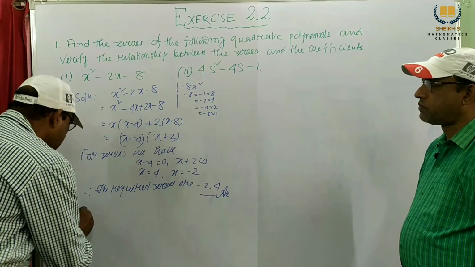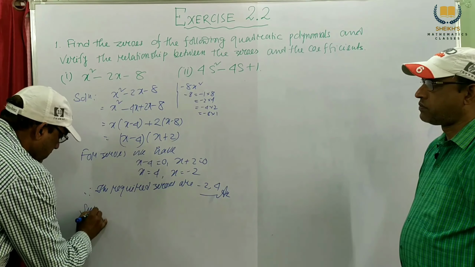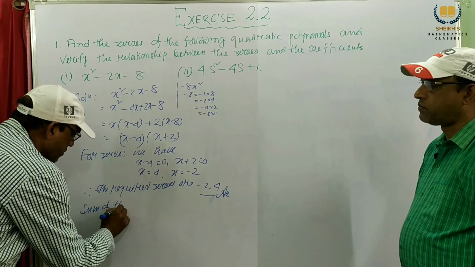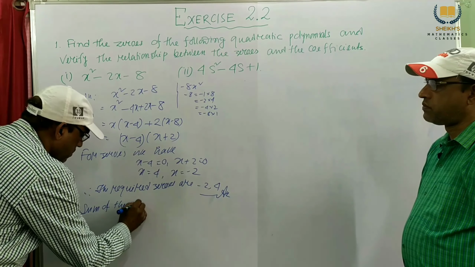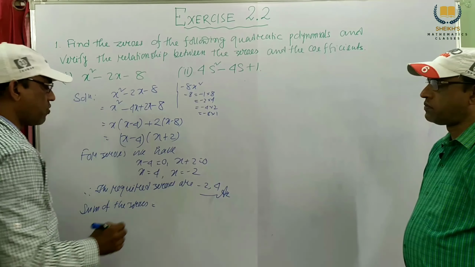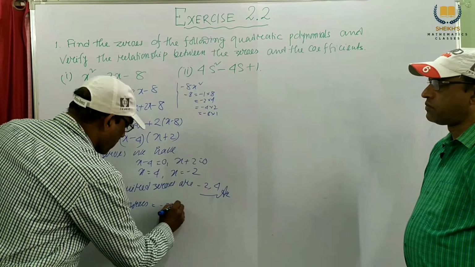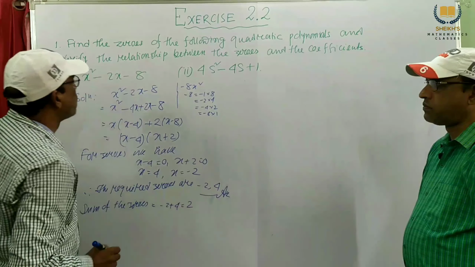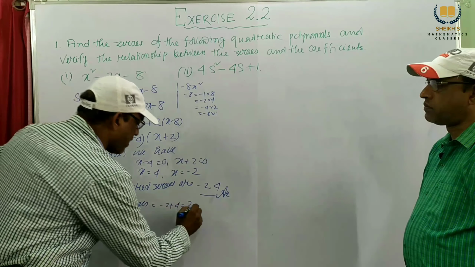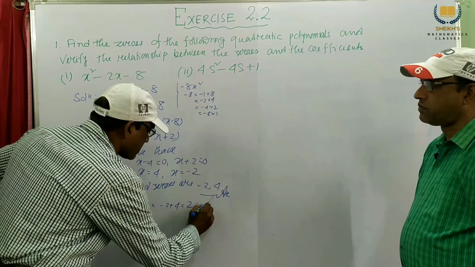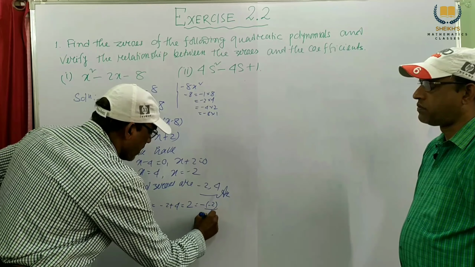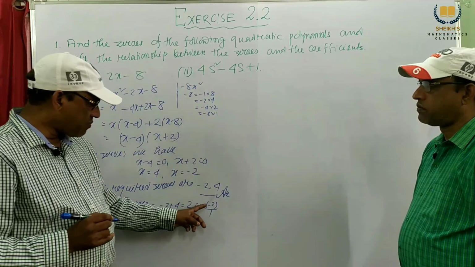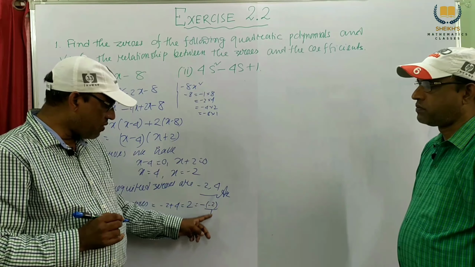Now the sum of the zeros equals minus 2 plus 4, which equals 2. We can write 2 as minus 2 by 1. Minus 2 means 2, and 2 by 1 is 2.